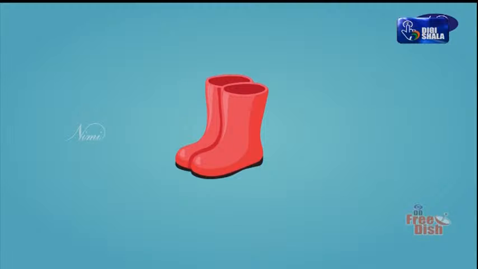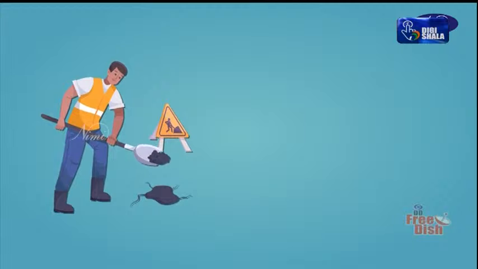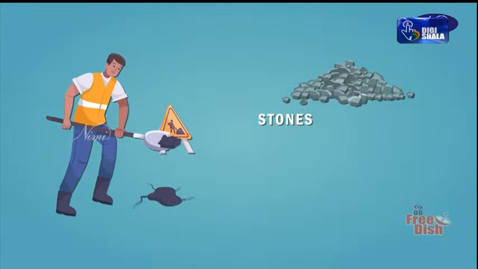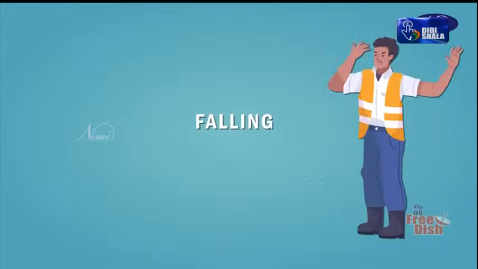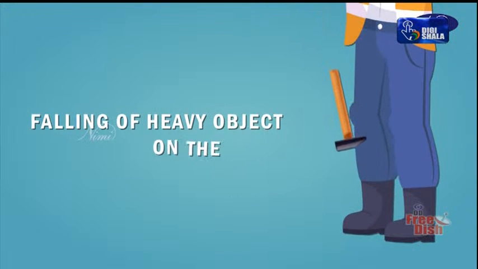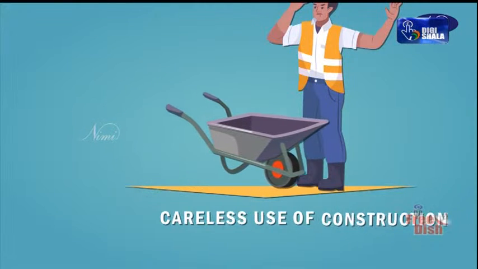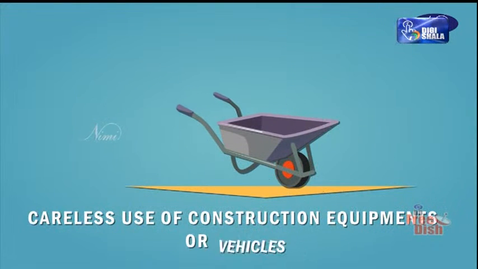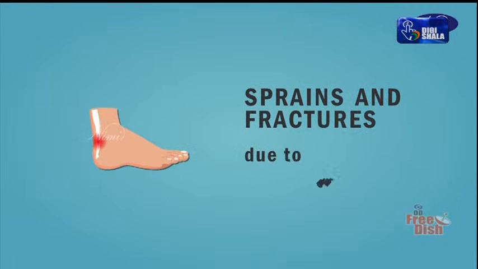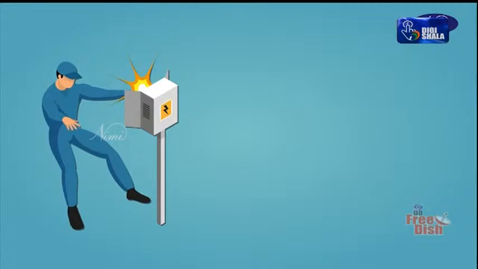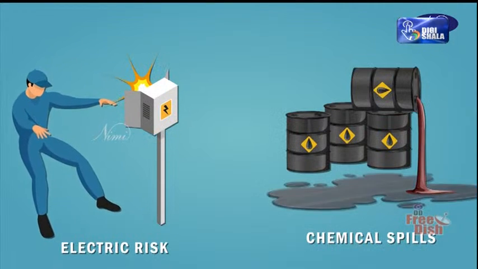Shoes are designed to provide protection from injuries due to objects like stones and sharp nails piercing the feet, or falling of heavy objects on the feet, or careless use of heavy-duty constructional equipment and vehicles, or sprains and fractures due to slips and falls, or electric risks and chemical spills.